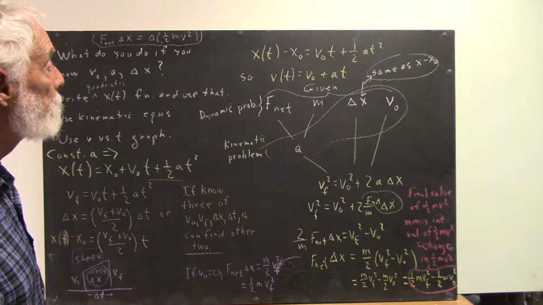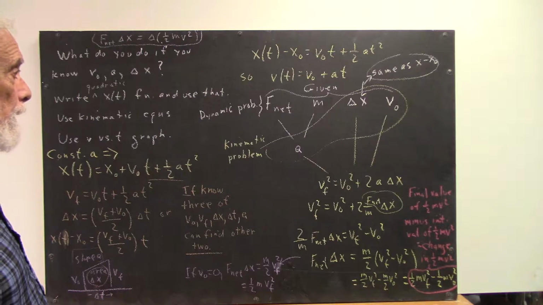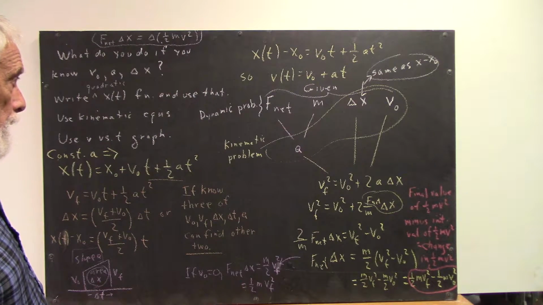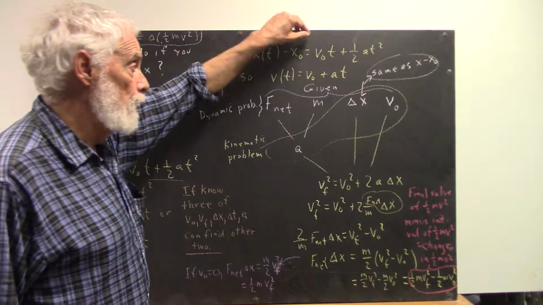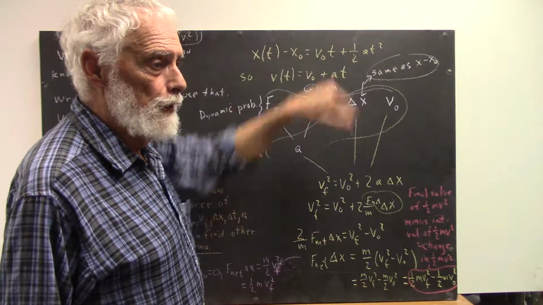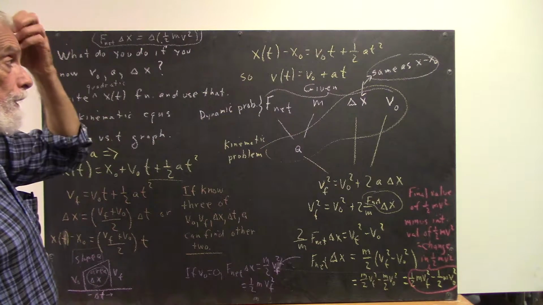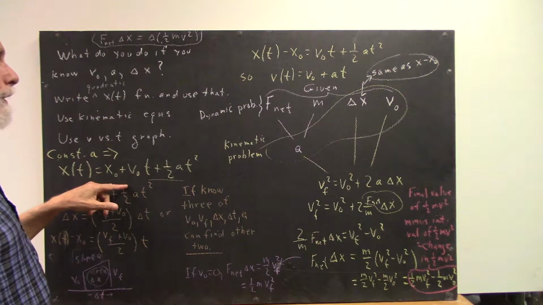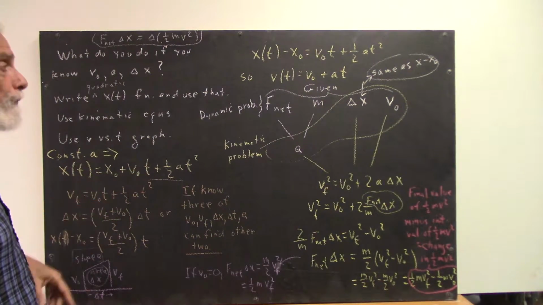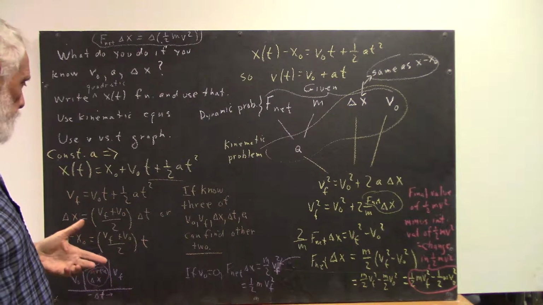Okay, well, we can go up here using the formulation that we've, now actually I went to the kinematic equation, but it's completely equivalent to this formulation. Matter of fact, I'm not sure which one I was doing.